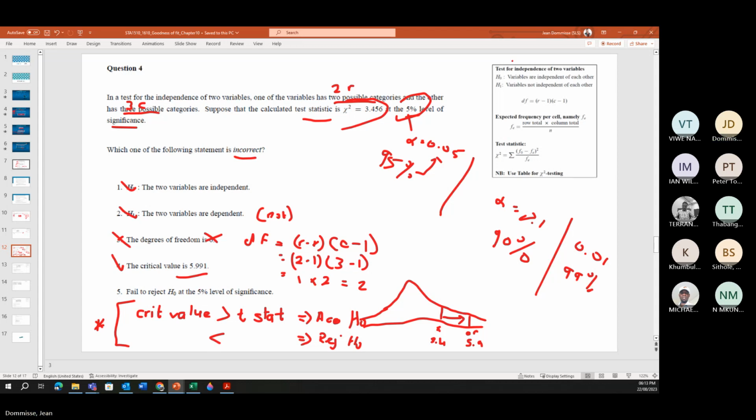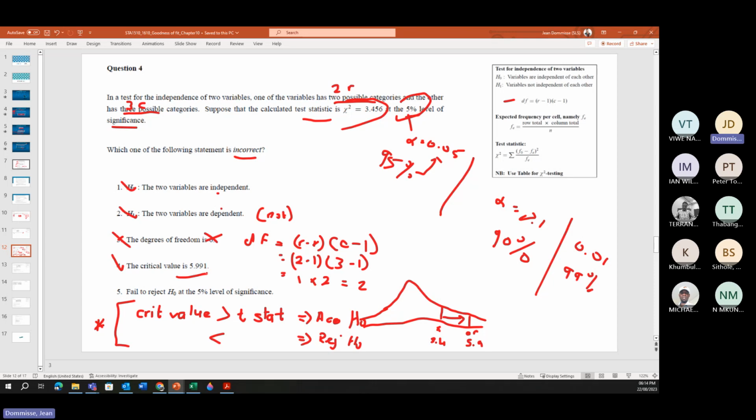Okay, so if we look at the summary of the things we did: we looked at independence and dependence, and we looked at the degrees of freedom. We didn't need to work that out, but they gave us the t-stat. They gave us the level of significance so that we can check the critical value.